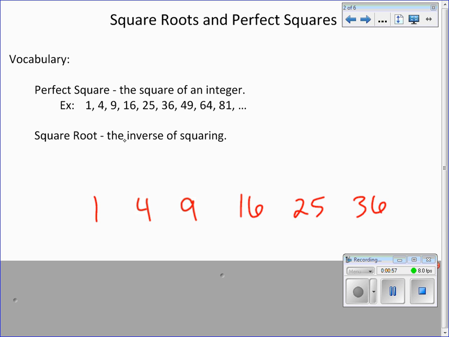The way we get these is we take all of our first whole numbers or integers, like 1, 2, 3, 4, 5, 6. We take those integers and we're going to square them. It's the square of each one of these. And remember, to the second power means not that you're going to take 5 times 2, but instead you're going to take 5 times 5.